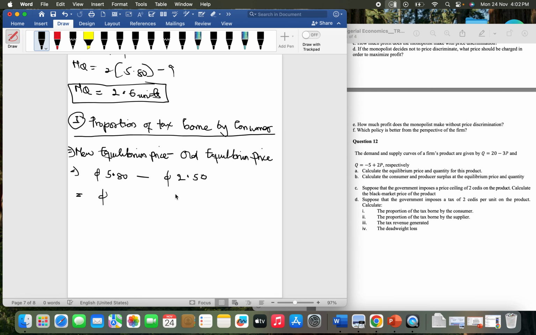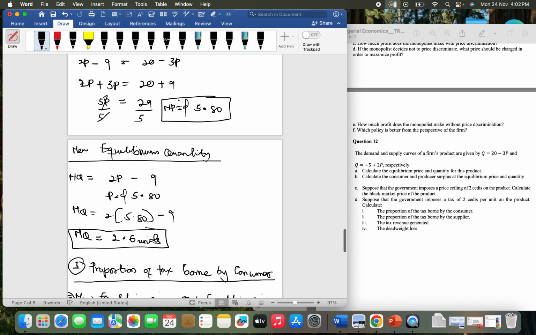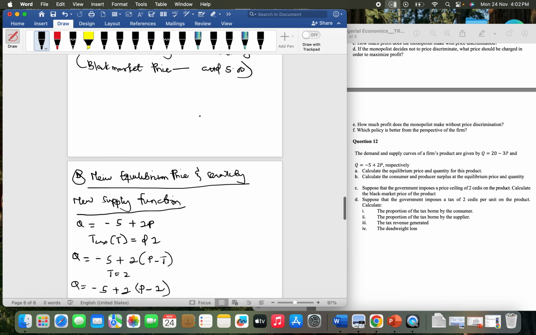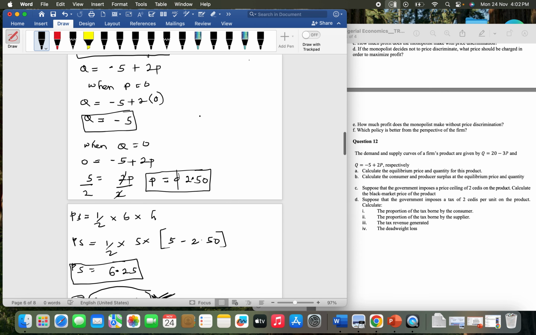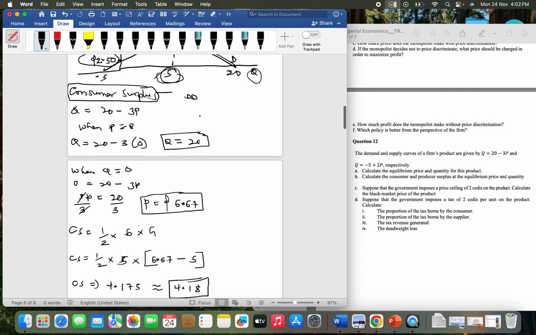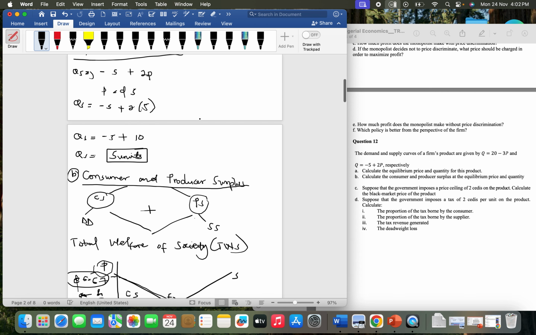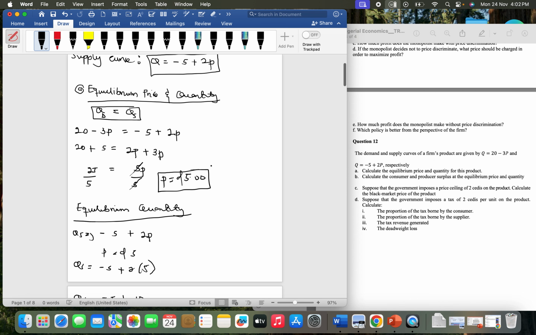So the difference is 5.80 minus 2.50. Was that the initial price? Let's check it well. The new equilibrium price is the one I had from the tax, 5.80. Let's check for the old equilibrium price. Sorry, it's this one.